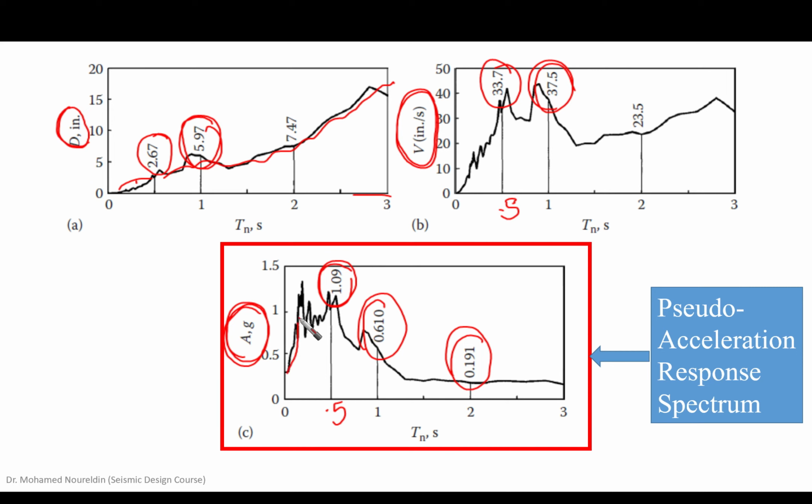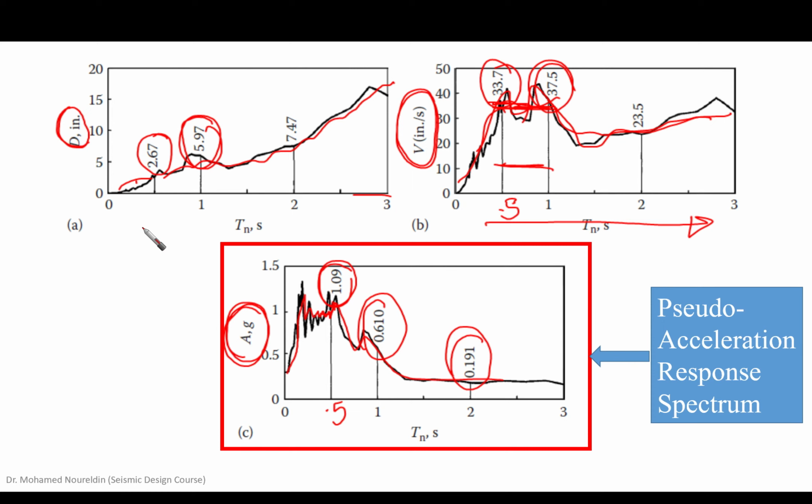It goes up, makes some jagged behavior here, and then goes down after that. Similarly in the velocity response spectrum, there is no specific pattern that we can state, but at least in this part the average is almost the same, and after that the pattern cannot be predicted well, right? So keep this in your mind because we are going to talk about this issue later.